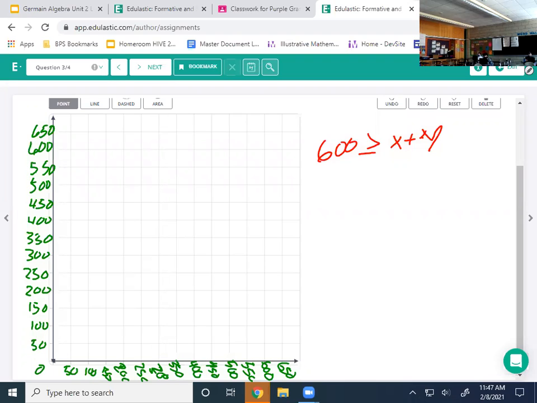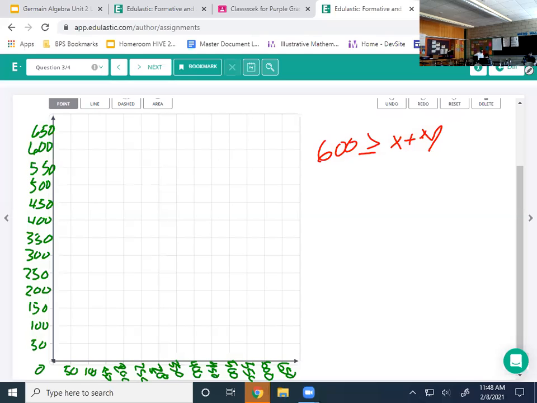What could we have used? What did you do to graph it? Kyle, what did you do to graph it? I was still kind of confused with the numbers. Okay, so what would you do now that I have it labeled here?